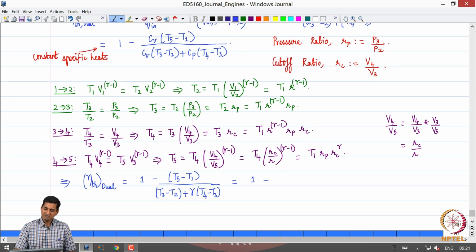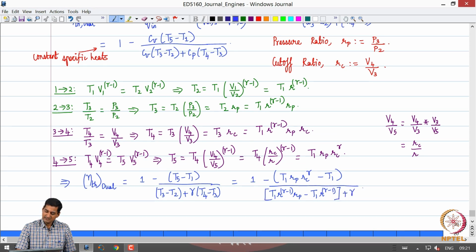T5 is going to be equal to T1 Rp Rc power gamma, minus T1. In the denominator, T3 is T1 R power gamma minus 1 Rp, T2 is T1 R power gamma minus 1, that is the first term, then plus gamma times T4, which is T1 R power gamma minus 1 Rp Rc, minus T3.